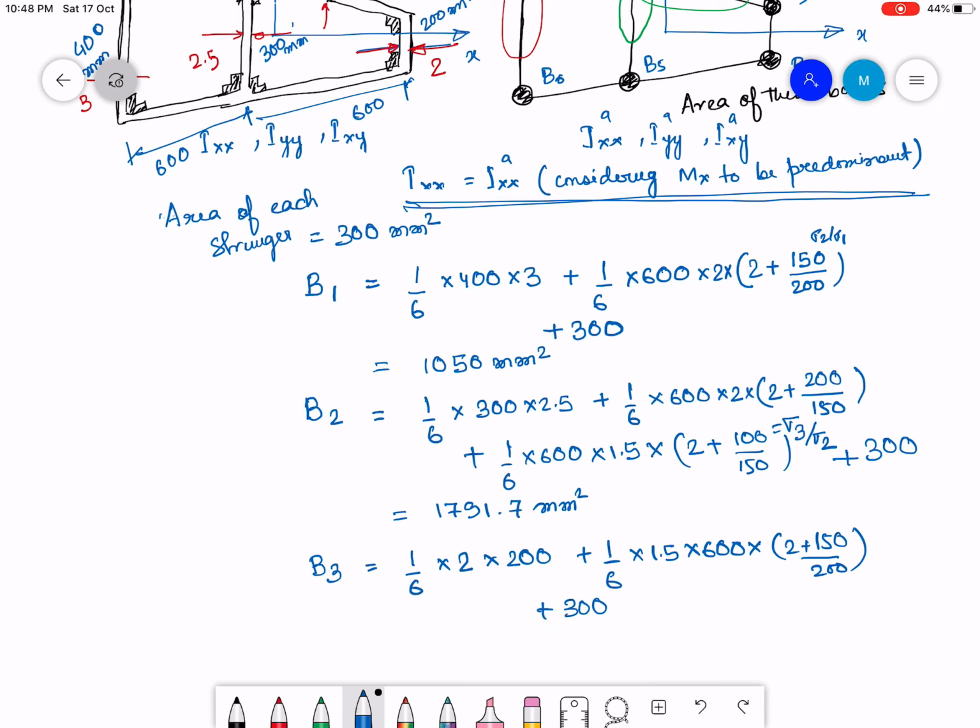So that is going to be 891.7 millimeters square. Now because of symmetry, B1 is going to be equal to B6, B2 is going to be equal to B5, and B3 is going to be equal to B4.